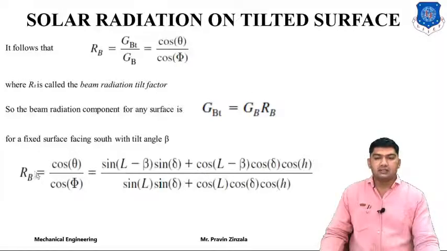So this is the second equation for the tilt factor for beam radiation: cos theta by cos phi is equal to sin(L minus beta) into sin declination plus cos(L minus beta) into cos declination into cos H, meaning hour angle, divided by sin L, where L is the latitude, sin declination plus cos latitude, cos declination angle and cos hour angle.